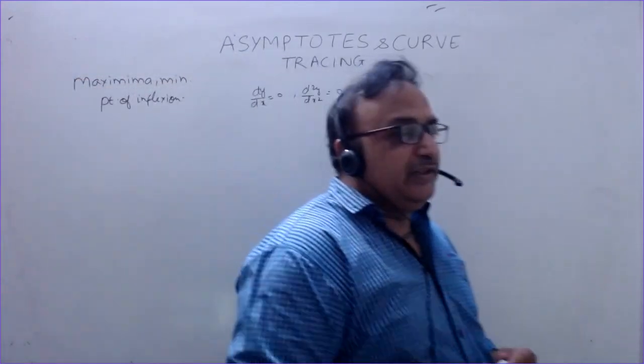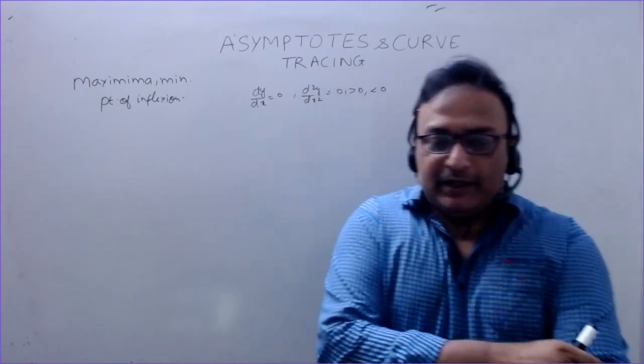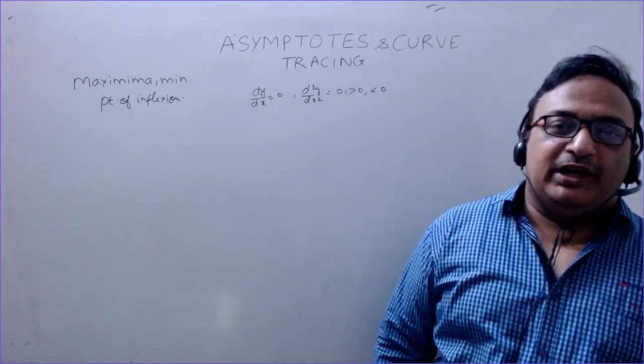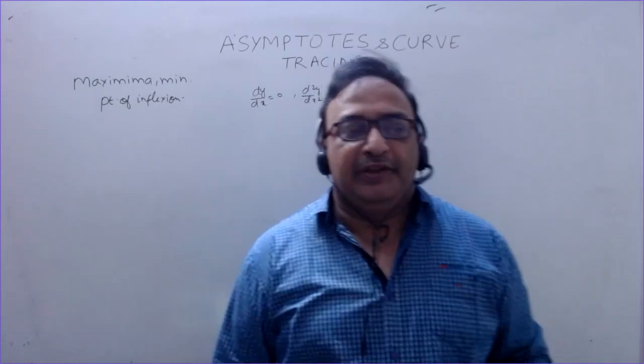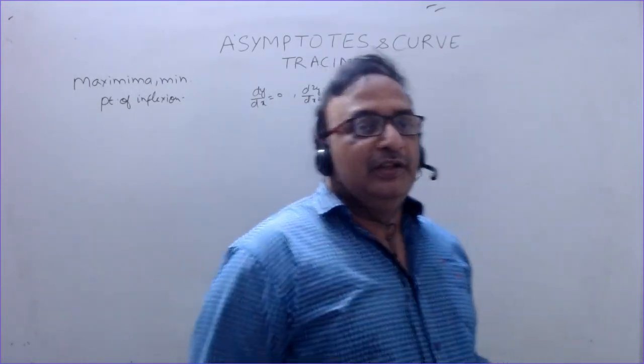So if it is greater than 0, then the function is having a minimum value at that point, and if it is less than 0, it is having a maximum value. Means what is the maximum existence of the curve?